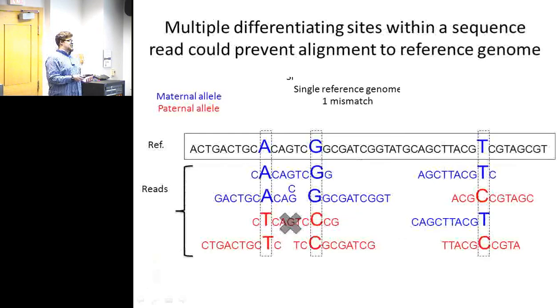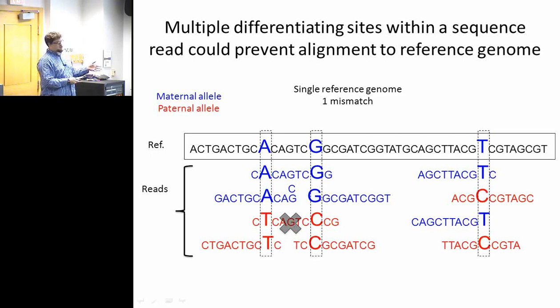There could in fact be individual differentiating sites that are closer to one another than the length of a sequence read. I call these neighboring differentiating sites. When I align these sequence reads to a single reference genome allowing one mismatch, if there happens to be a read that overlaps 2 differentiating sites, this of course mismatches the reference genome by more than 1.